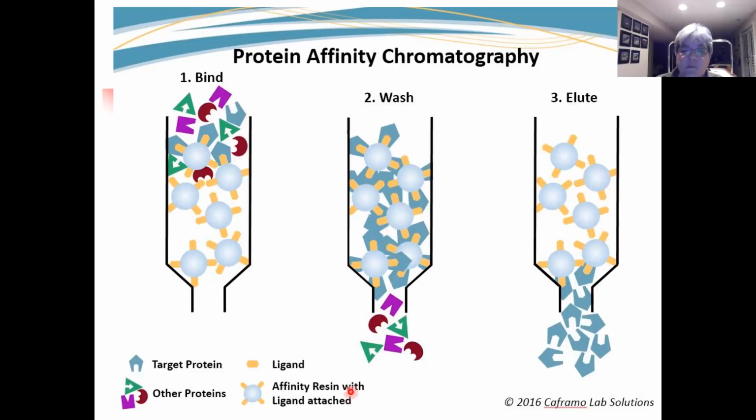It will bind to this affinity ligand, and everything else just comes through the column. All right, now I have them stuck on the column. So now I change the mobile phase, usually change pH, and off it comes. So I have now purified this protein from this mixture, okay? Affinity chromatography.